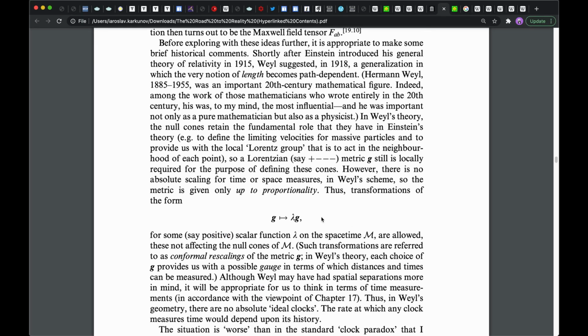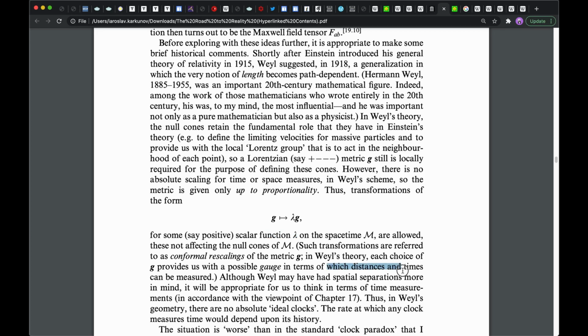So basically he allowed the transformations g to lambda g, and here we could think about those rescalings by some scalar function lambda as changing our gauges. So basically gauges are just measurements, small things to measure the distances, like rulers, right?